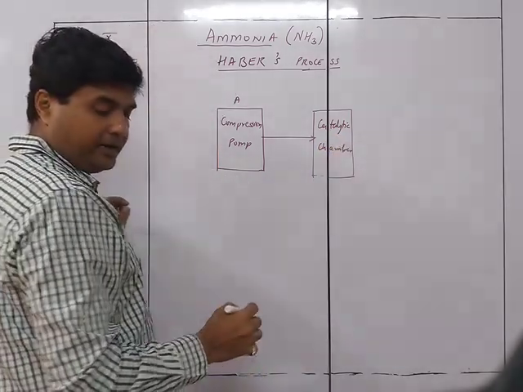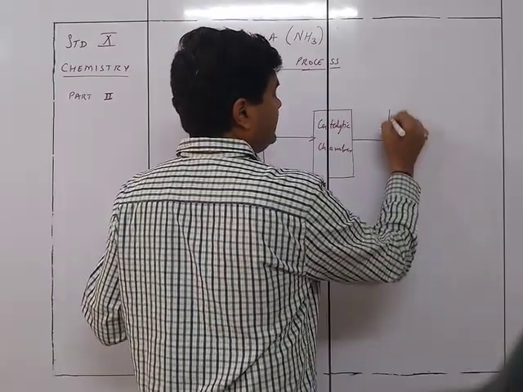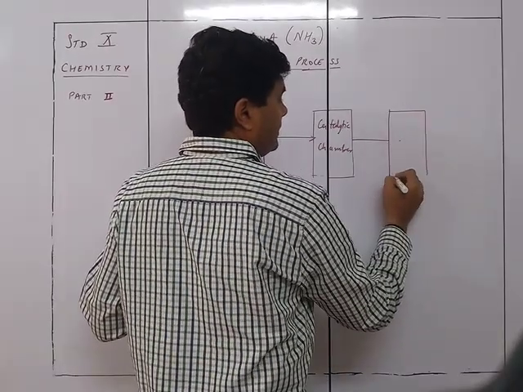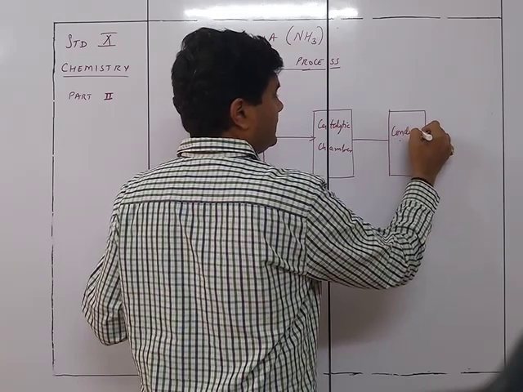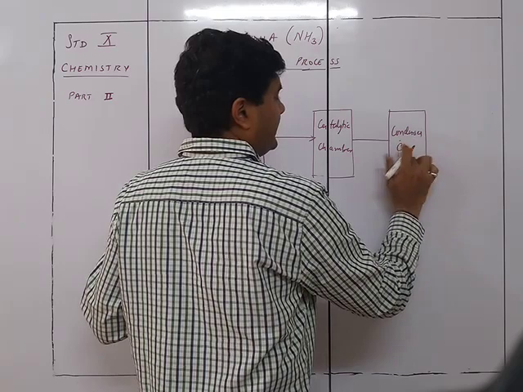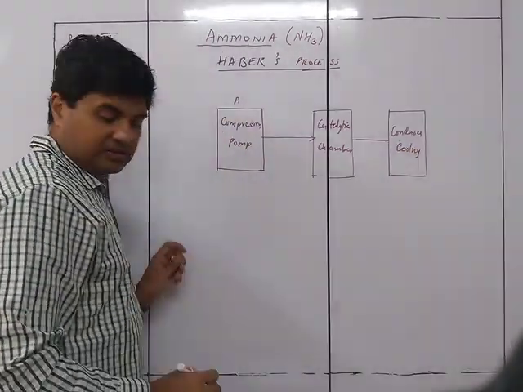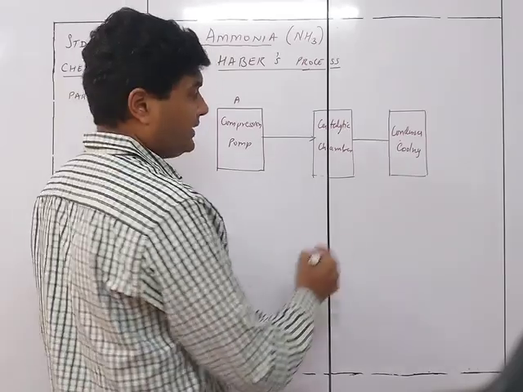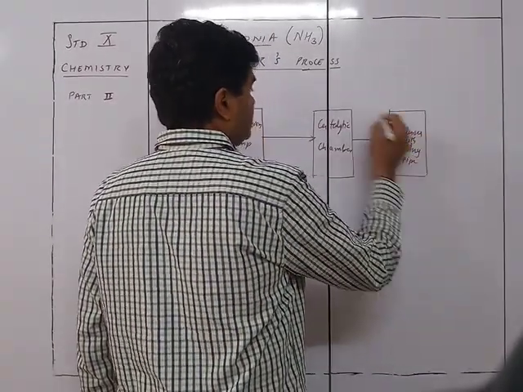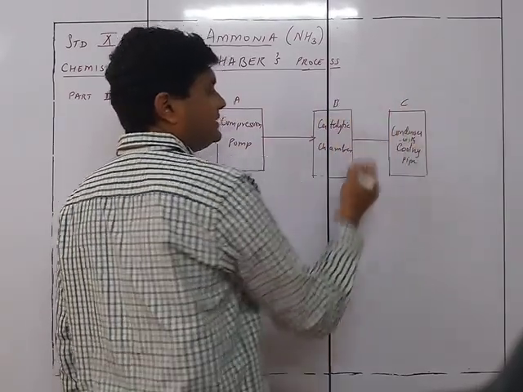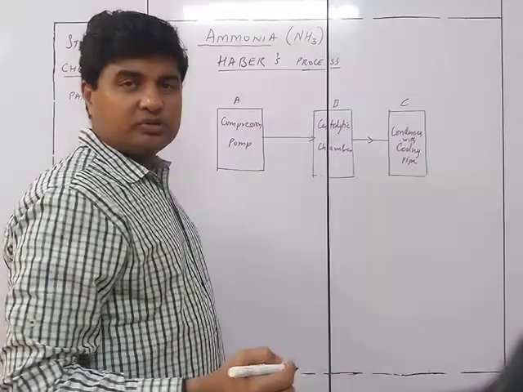And then it goes to a condenser, or we can say the cooling tower, a condenser or cooling area with cooling pipes. So this is A, B and C. These are the three different stages through which the process is going to take place.